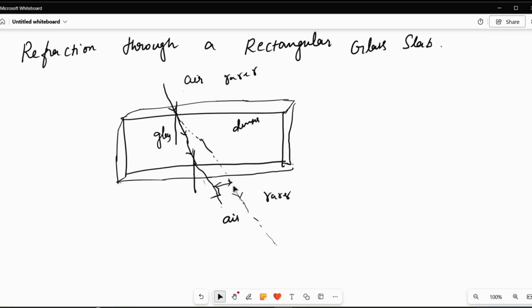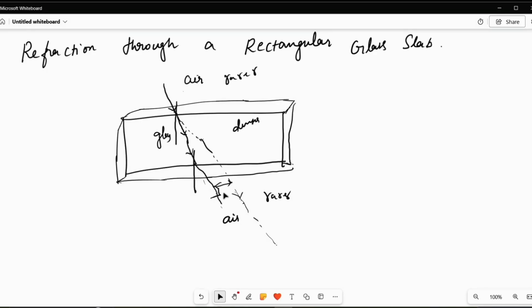Just imagine, it would have come straight, correct? So that incident ray, if you extend it, and this emergent ray, they will be parallel to each other. But there will be some shift here. Okay, that shift they call the lateral displacement or lateral shift.